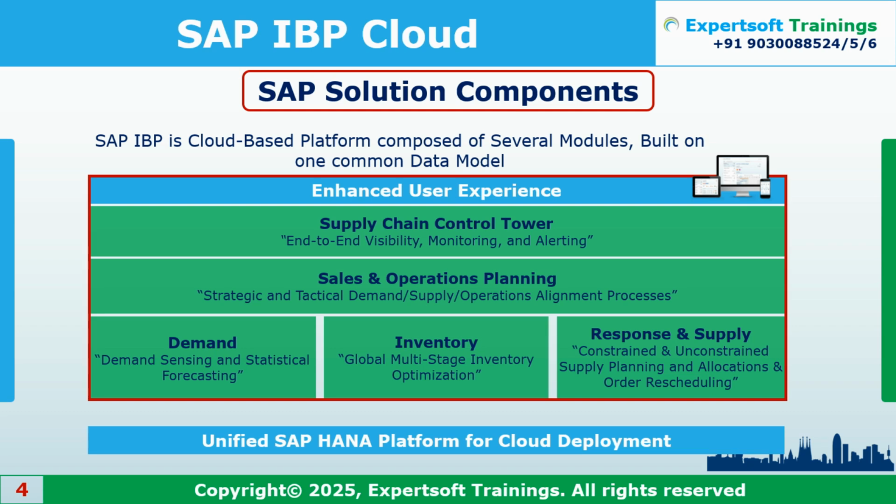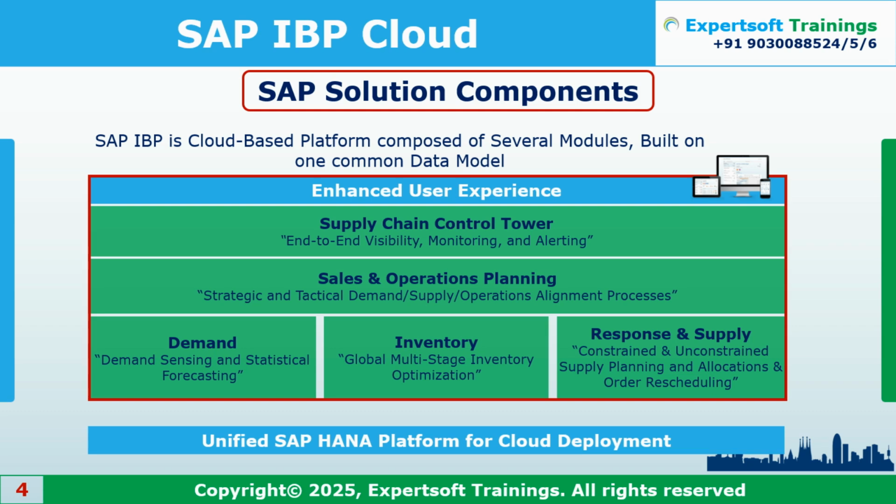Okay. Now on top of this, you have S&OP planning. S&OP planning is a tactical plan. What it will do is bring all stakeholders together, get a handshake with each other to finalize your demand plan or the supply plan.